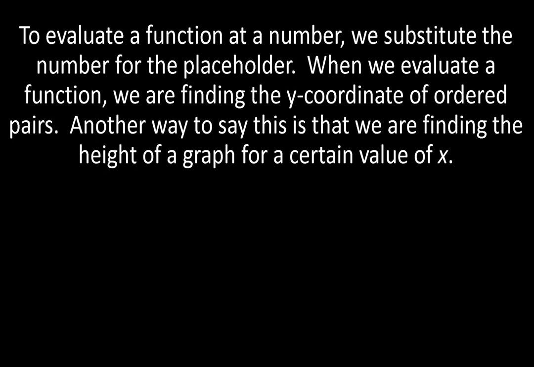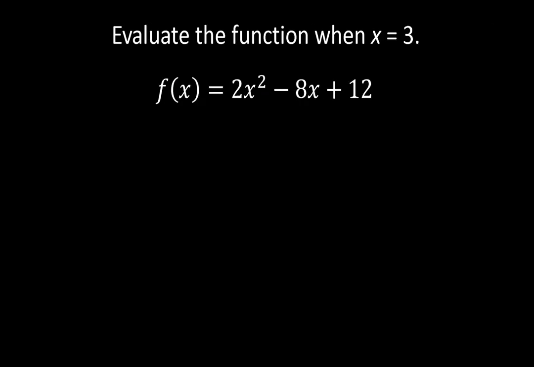To evaluate a function at a number, we simply substitute the number for the placeholder, or substitute the number for the blank. When we evaluate a function, we're finding the y-coordinate of the ordered pairs. Another way to say this is that we are finding the height of a graph for a certain value of x. Let's evaluate this function when x equals 3.